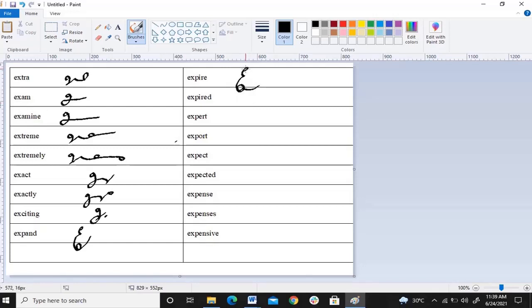Ulitin natin. E-S-P-I-R. Expire. Expired. E-S-P-I-R-D. Expired. Next, expert. E-S-P-E-R-T. Expert.